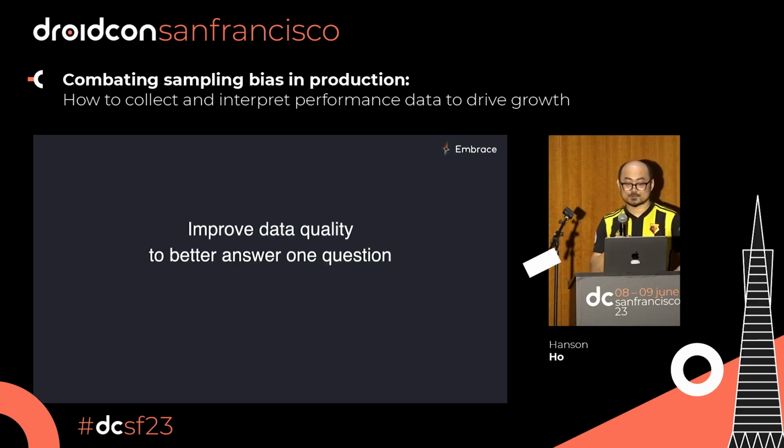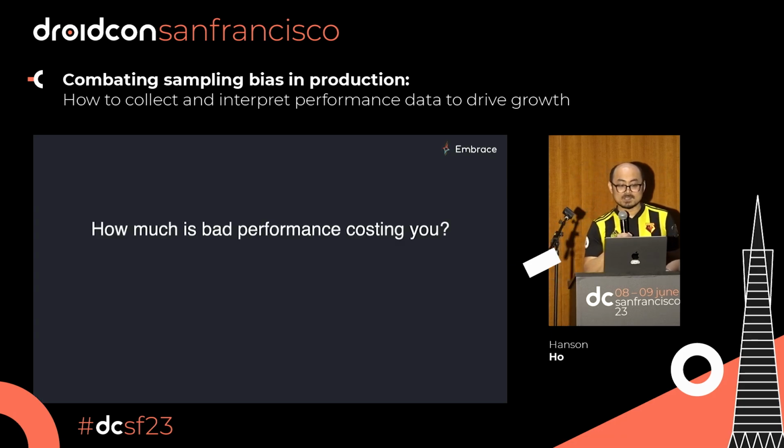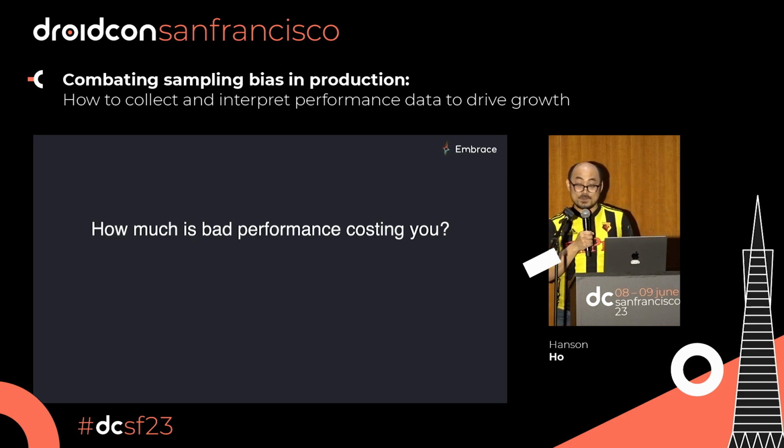All this is to serve to improve the quality of your data and to better answer one specific question. How much is bad performance costing you? If your data is bad, you can't answer this question precisely. Without data, you don't know what aspect of performance could be impacting you the most.